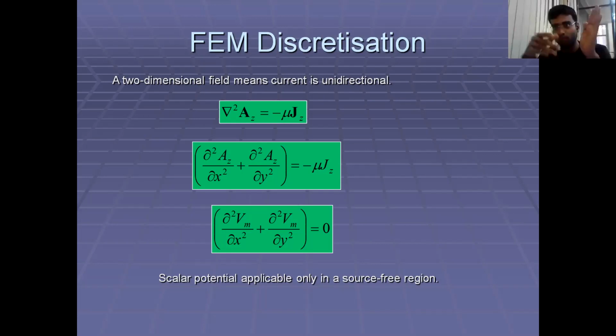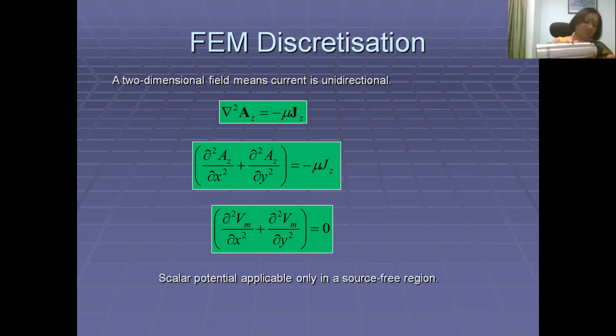And because of some situation, the current distribution is non-uniform. Then... That is not a field problem. I'll discuss this with you later. You come to my office. That's a separate problem.